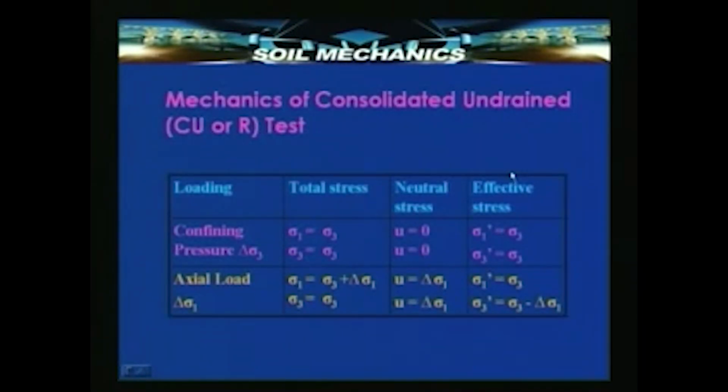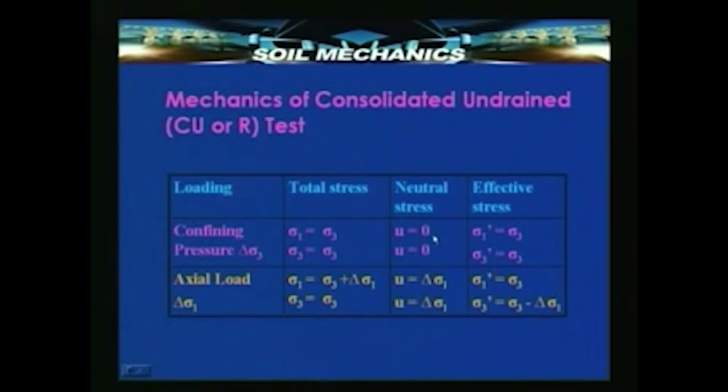The next type of test is the CU test. Here now, if we want to study the mechanism, first when confining pressure delta sigma 3 is applied, the total stress becomes sigma 1 equal to sigma 3, sigma 3 equal to sigma 3, just as in the previous test, because here again consolidation is permitted in the first stage of loading.